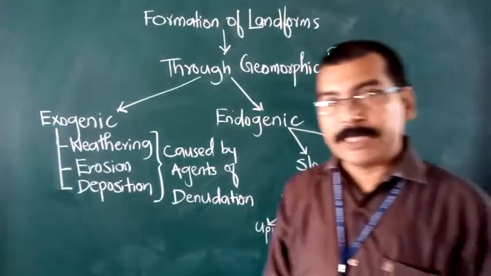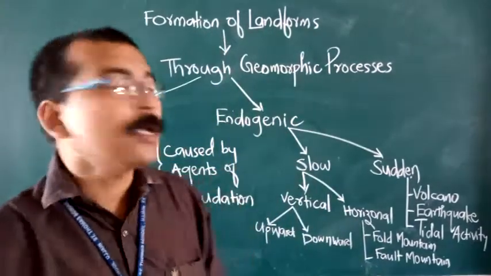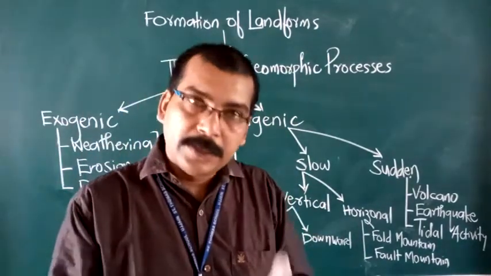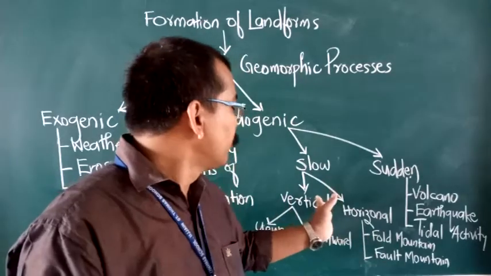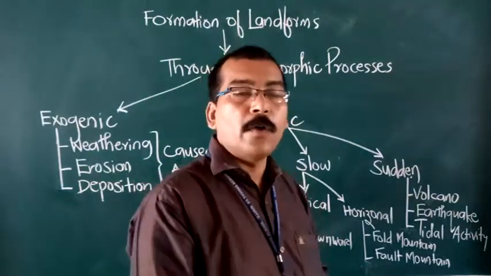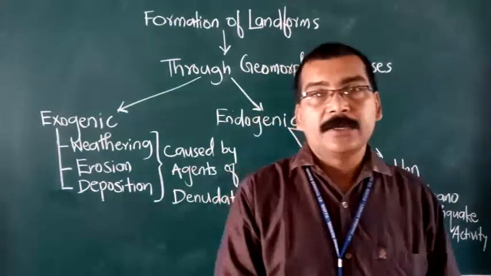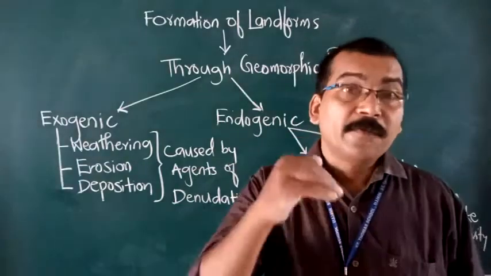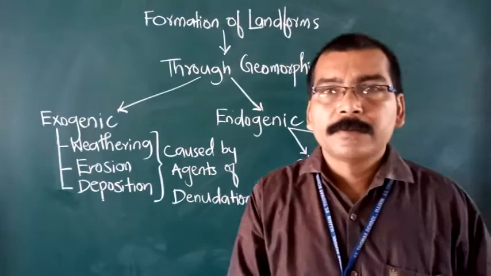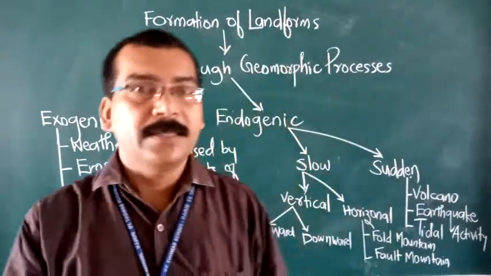So, this epirogenic and orogenic are two examples of slow movements. See, both vertical movement and horizontal movement, or epirogenic and orogenic, both happen within the earth. Let us see about these two types of movements in detail.